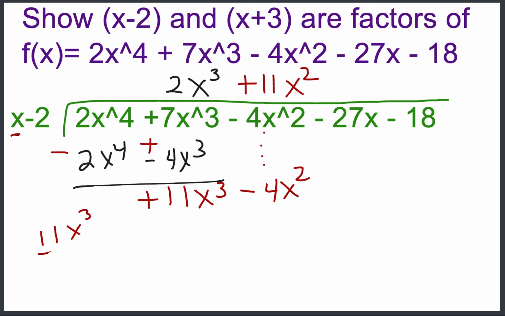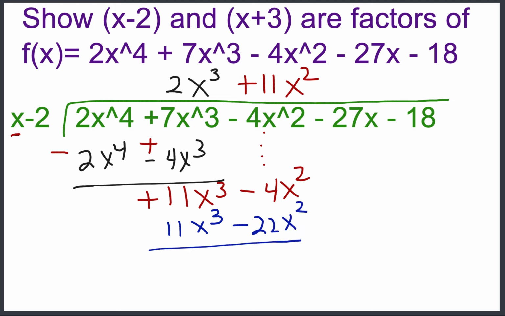I will get 11x cubed minus 22x squared. Subtracting, again, means this turns into a minus. The 22 turns into an add. This gives me 0. It always will.